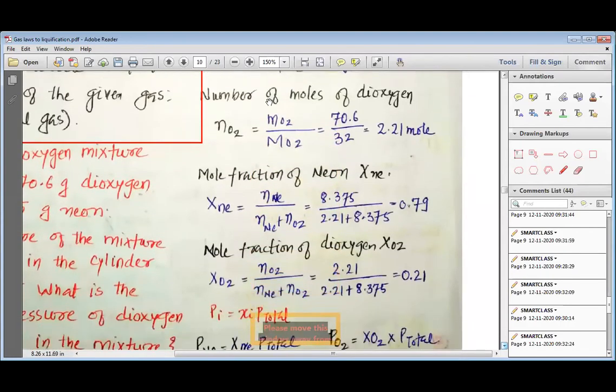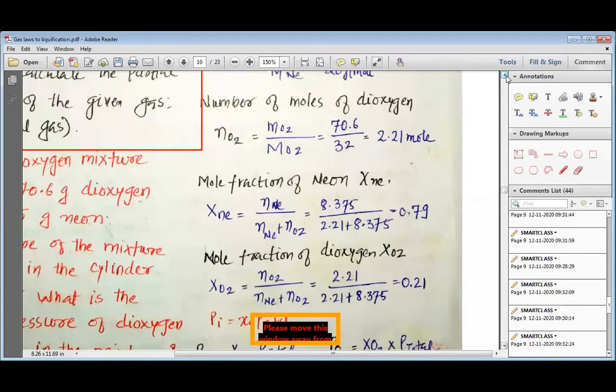Same way, for the number of moles of dioxygen we write the mass divided by the molar mass. Mass of oxygen is 70.6 and the molar mass is 32. Ultimately we get 2.21 mole.